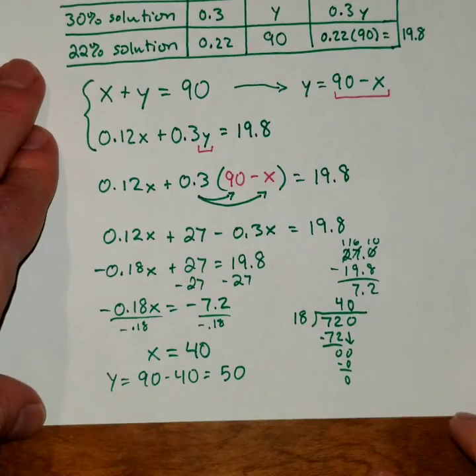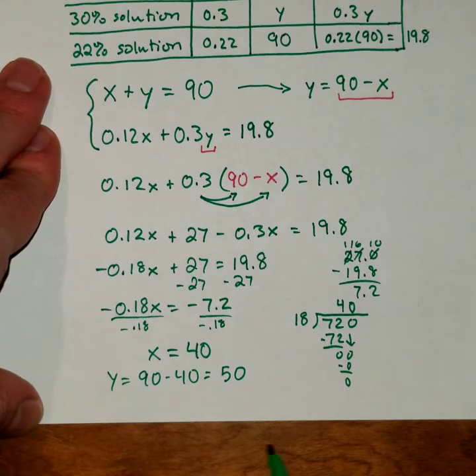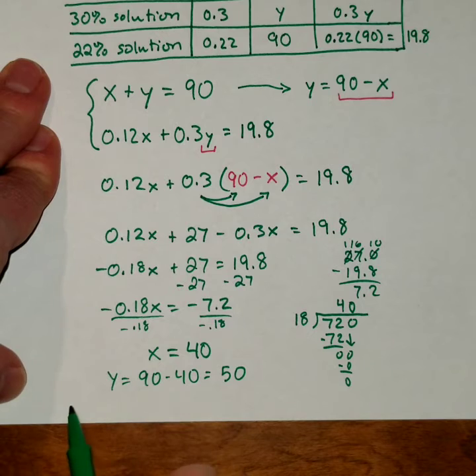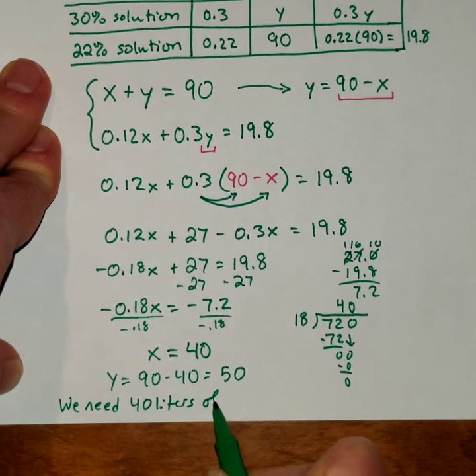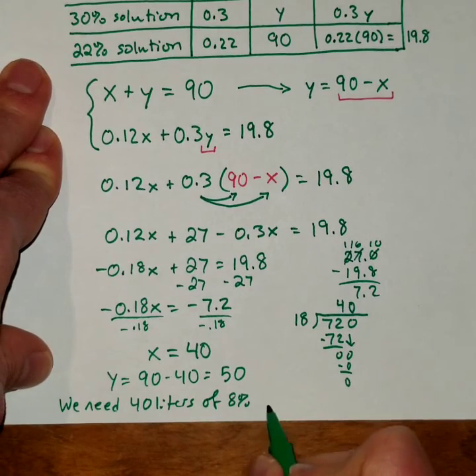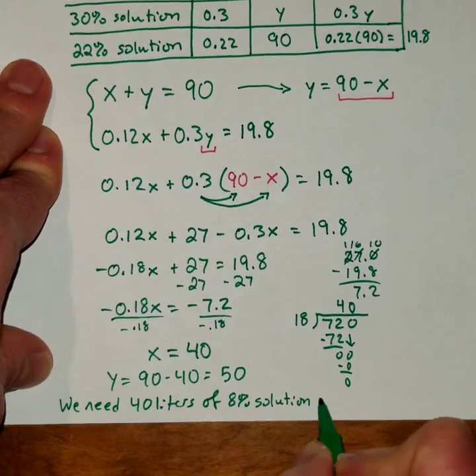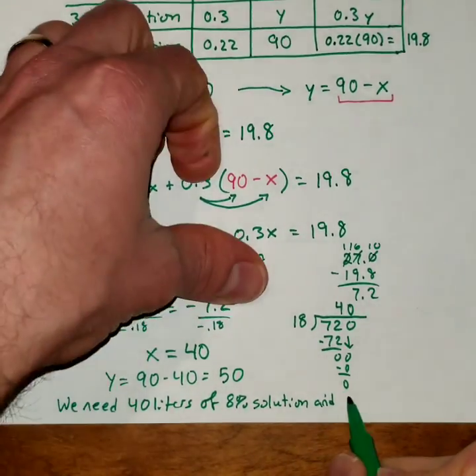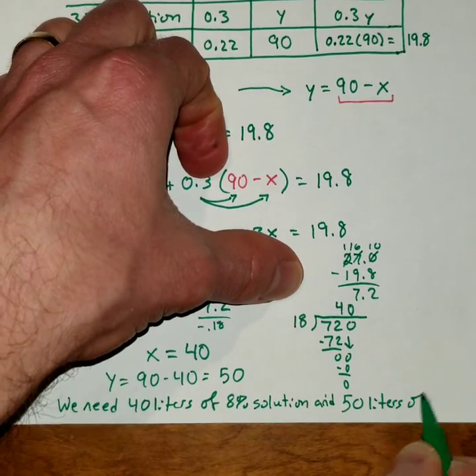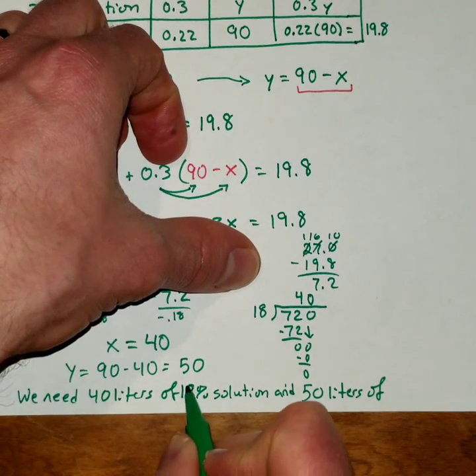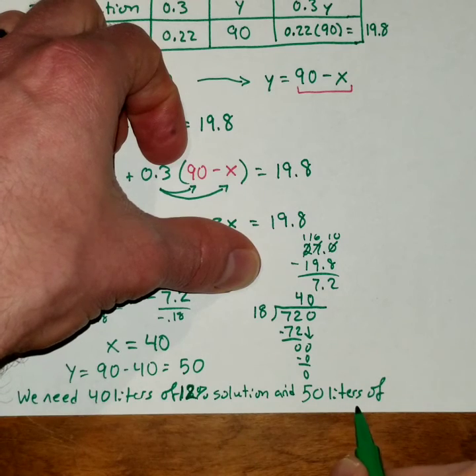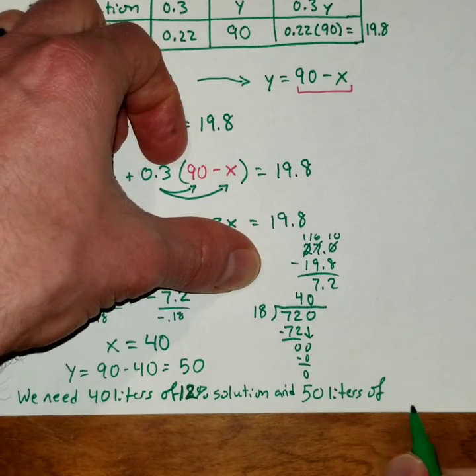And so my final answer, I'll just write it out on the bottom here, is we need 40 liters of 12% solution, I'm sorry, I first said 8%, but that was 12%, and 50 liters of the 30% solution.